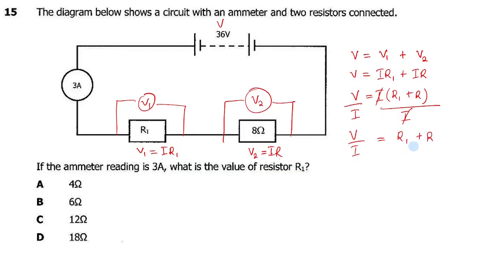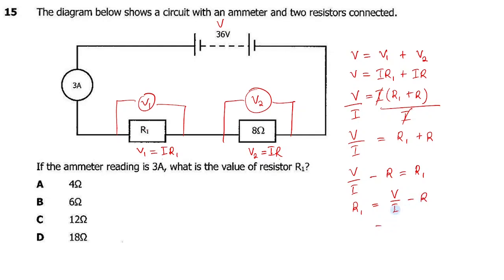Then we'll make R1 the subject of the formula. So R will cross this side: V over I minus R is equal to R1. Then R1 is equal to V over current minus R.